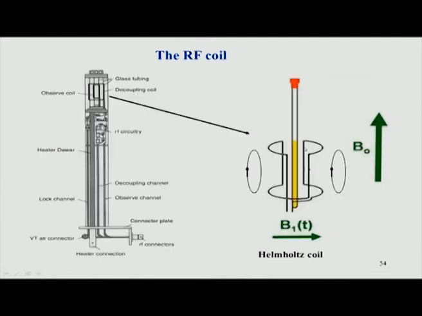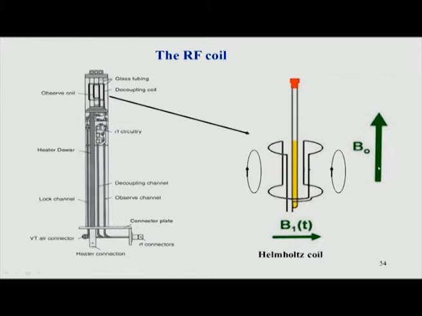So, this is the picture of a coil. This is a Helmholtz coil. You can see how the coil is built, and the sample sits in the center; that is how we insert the sample, and the effective volume of the sample is shown here. This transmits the current in the perpendicular direction. Remember the idea we discussed in the last class: the RF radiation which is applied is always perpendicular to B0.